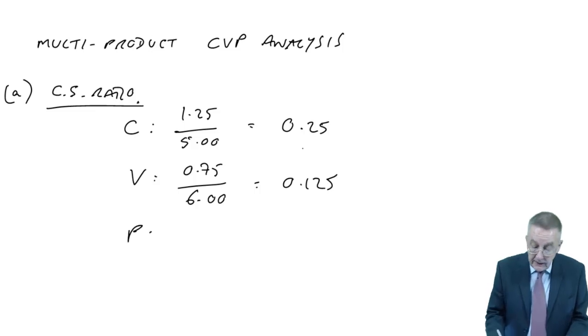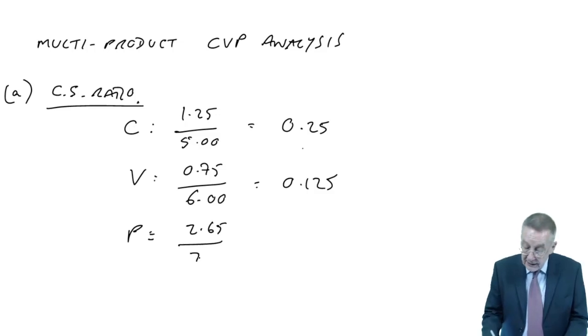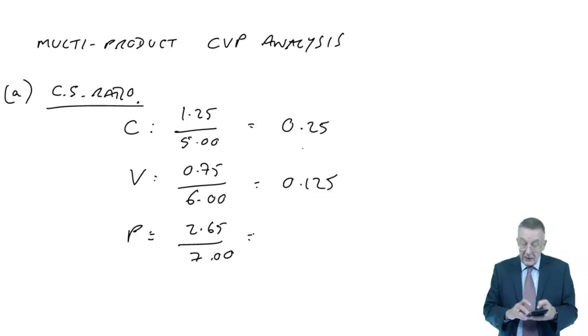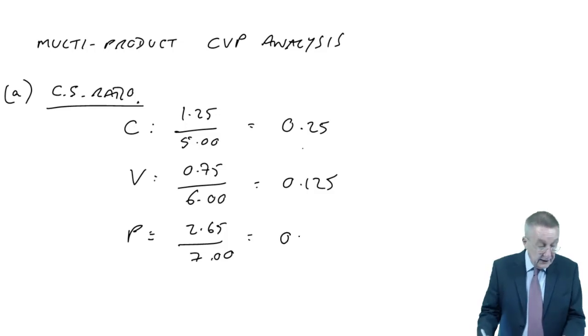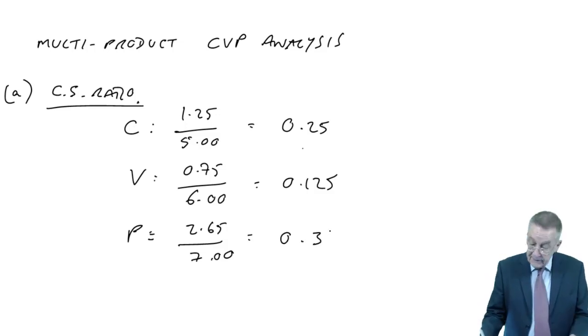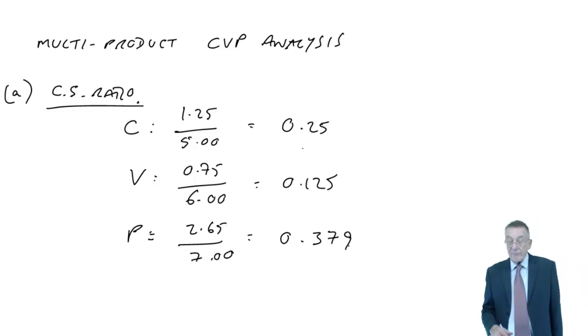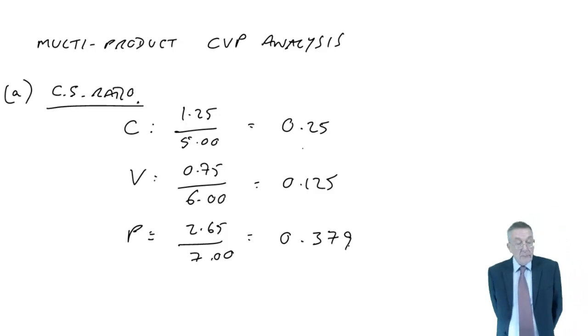And finally P: contribution $2.65, selling price 7, and so the CS ratio is 0.379. So that was easy enough. Bit of rounding there, but no problem.